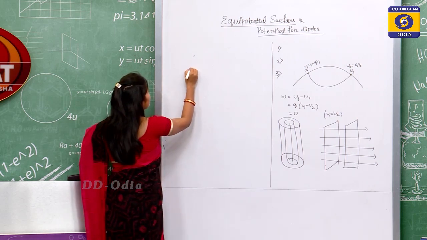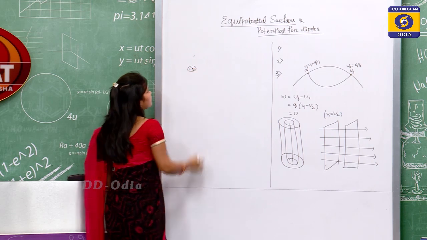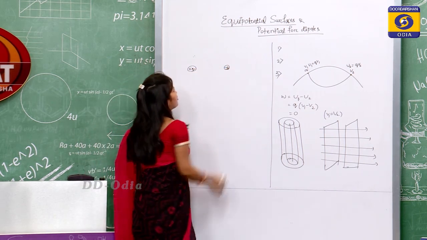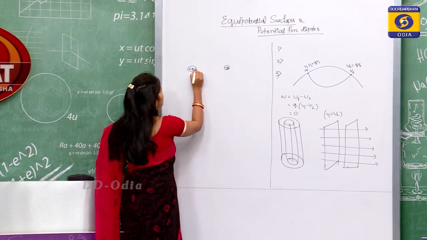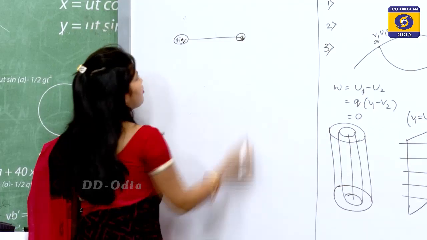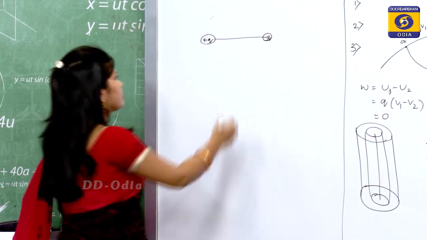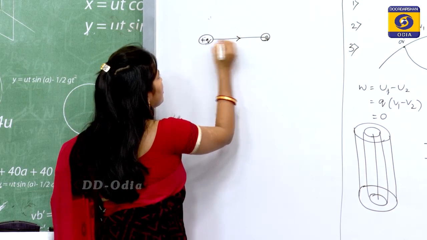So, for that, suppose I have a charge plus q here, and here I have charge minus q, separated by some distance. Then what is the electric field? You know the direction of electric field is like this.